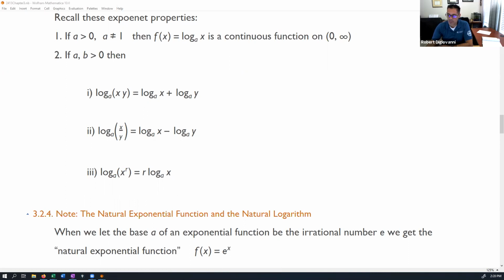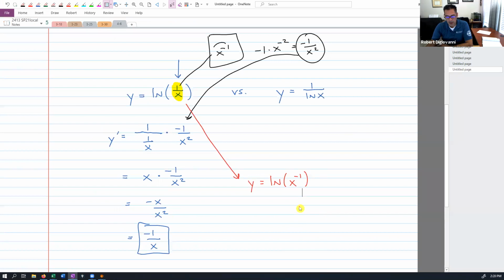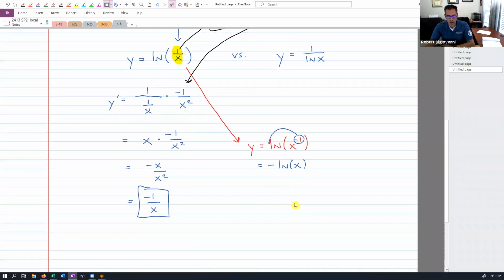So I'm going to go back to that problem we were just looking at, and I notice that I have a power up here on the x. So I'm just going to drop that out front using properties of logs. This becomes negative natural log of just x now, because the power came out. I'm not taking a derivative, I'm just using a property of logs. And now if I want to take the derivative of this, the negative just stays out here as a negative 1, and then I take the derivative of natural log of x, which is 1 over x.